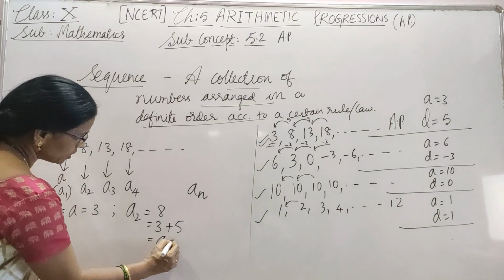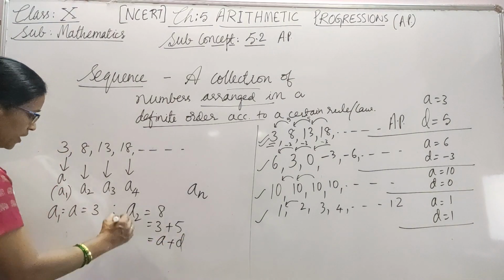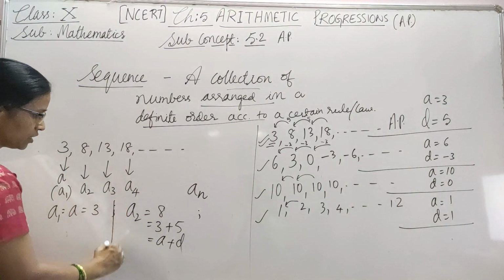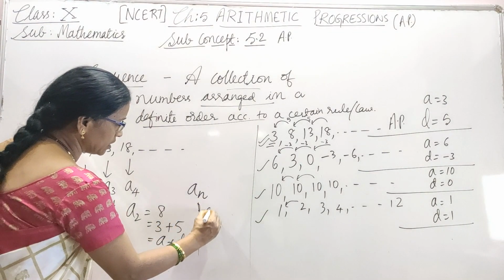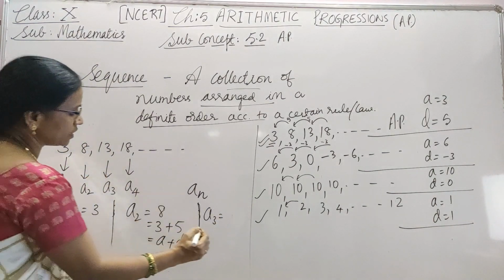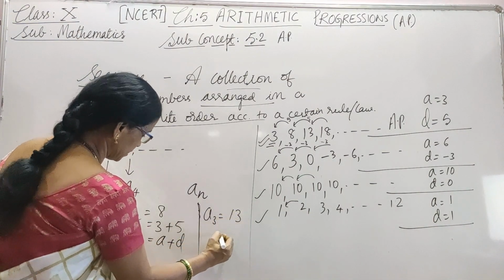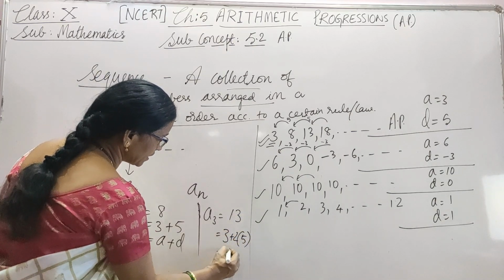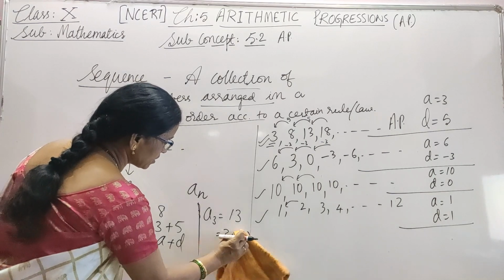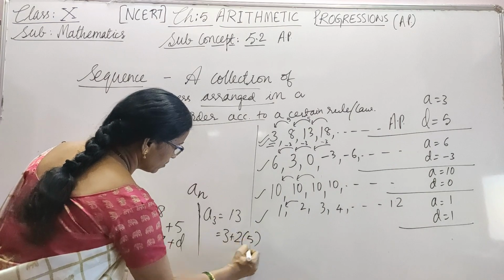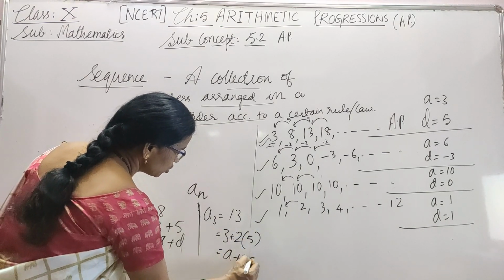That means A plus D. Next, the third one, that is A3. A3 is 13. How do you get this? 3 plus 2 into 5, that is A plus 2D.